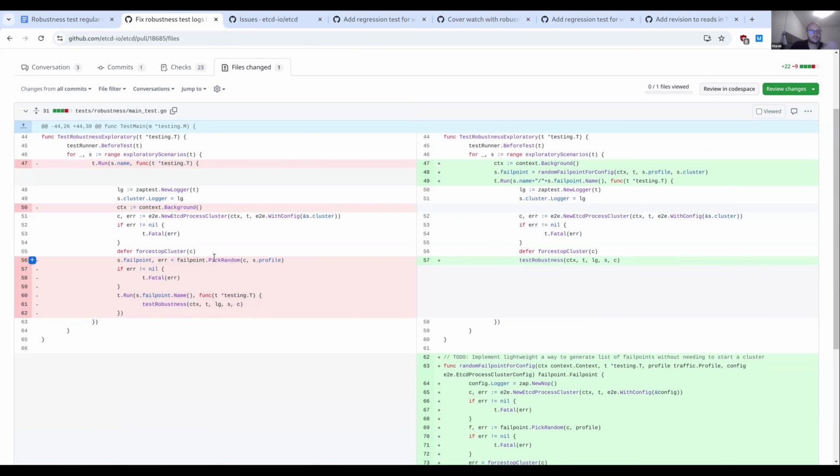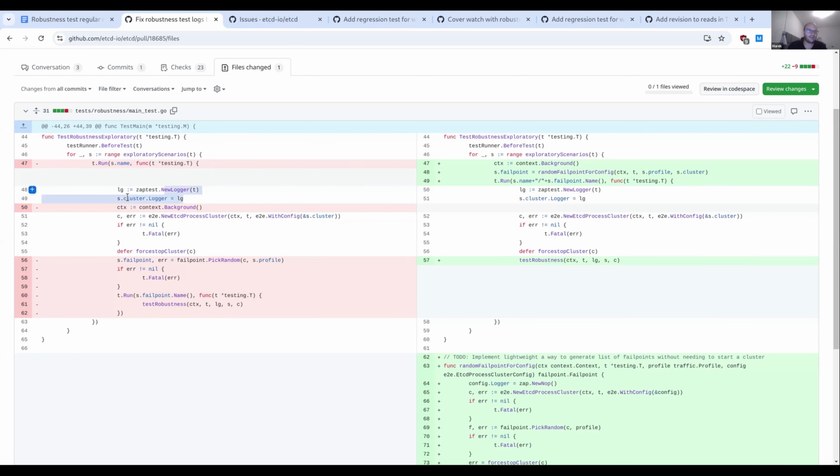This is easy because we pick a file and expect that we have a main test and a dynamic list of subtests, so we need a for loop and each needs to be a subtest. But then, with a subtest and a cluster running, the cluster uses a logger based on the current test. So some logs are sent to this test, some logs are sent to this test, and some logs are sent to this test, and this is a mess.